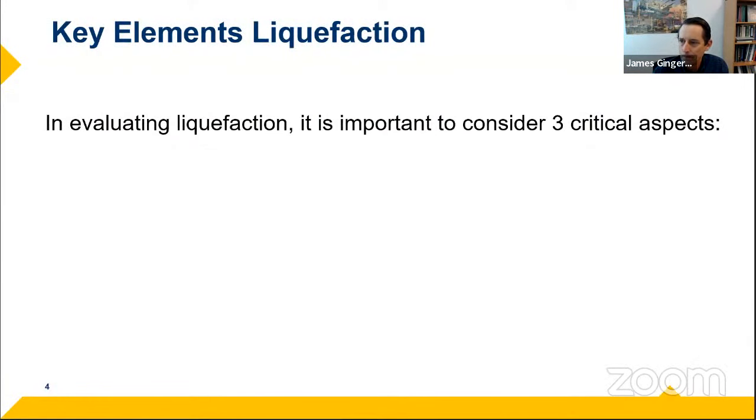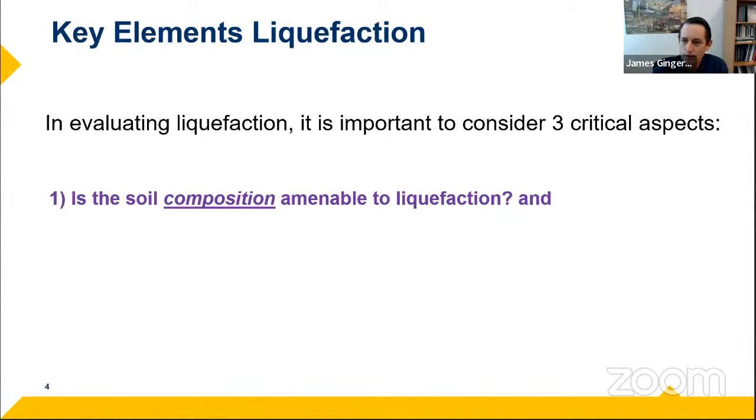So I need to assume that most of you have some familiarity with liquefaction, and I just want to point out three critical aspects to liquefaction hazard evaluations. First, we need to evaluate if the soil composition is amenable to liquefaction. So we typically think of clay-like and sand-like behaviors, with sand-like behaviors being prone to liquefaction.